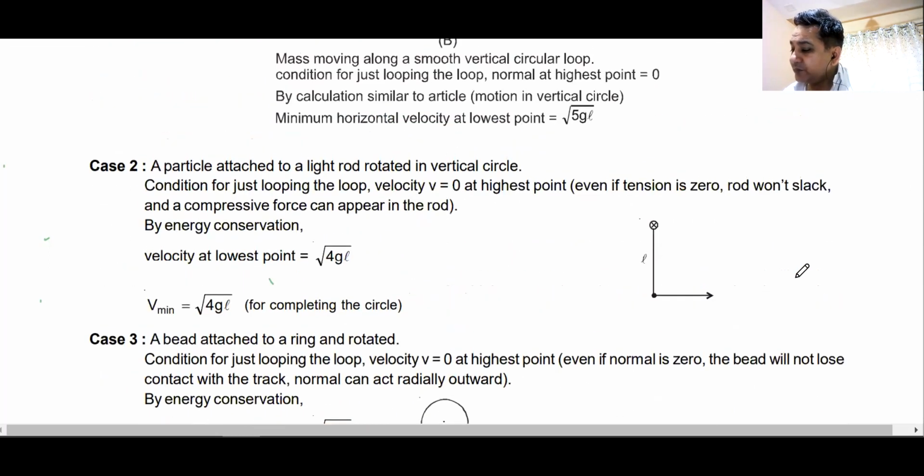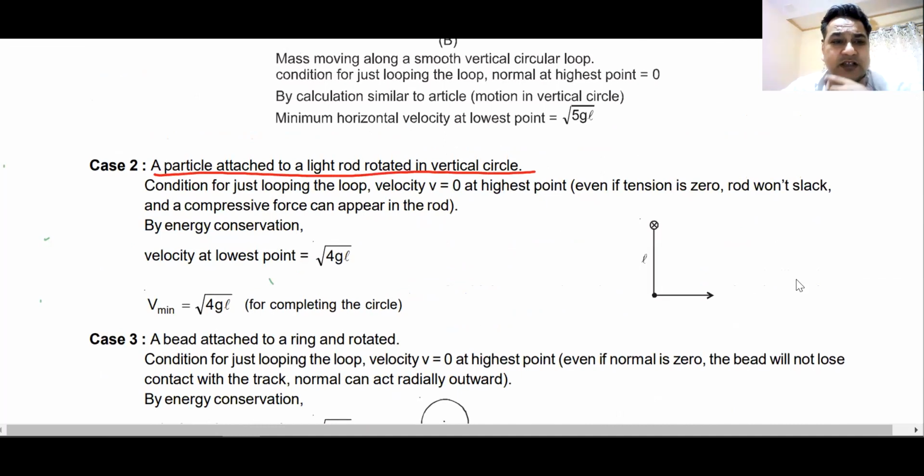This case, when a particle is attached to a light rod instead of a string: if it is a string, it can leave the circular path. That is why to complete the circular path, the tension at the highest point must be greater than zero. But if it is a rod, something attached to a rod cannot leave the circular path.